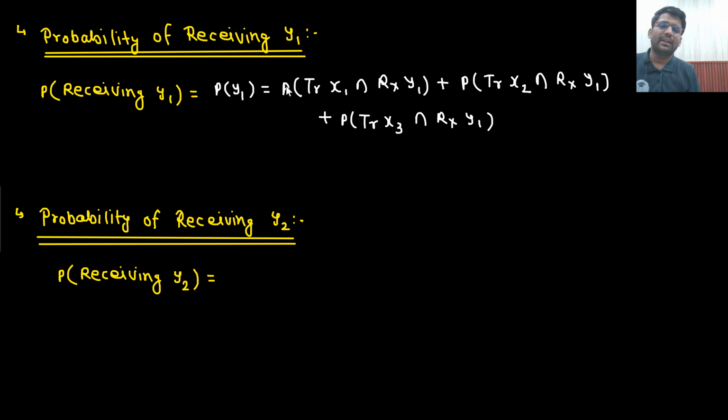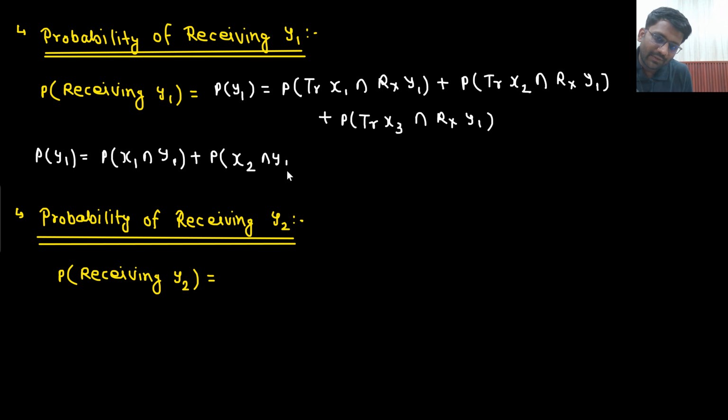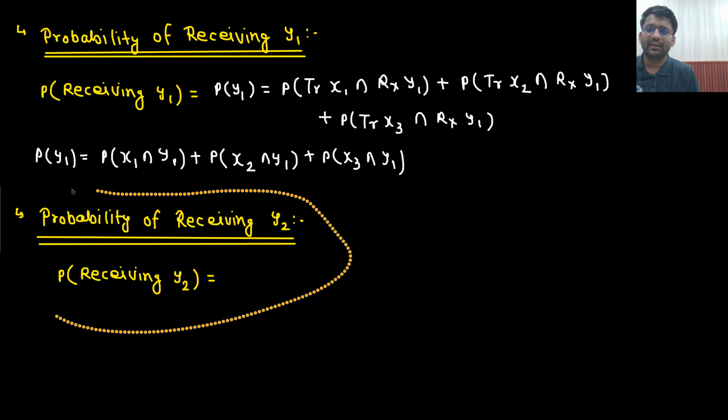So can I write it down in this way? Probability of receiving y1 would be nothing but the probability of transmitting x1 and receiving y1, or the probability of sending x2 and receiving y1, or the probability of sending x3 and receiving y1. Can I write it down in this way? Absolutely, sir. So this is one answer that you are getting.